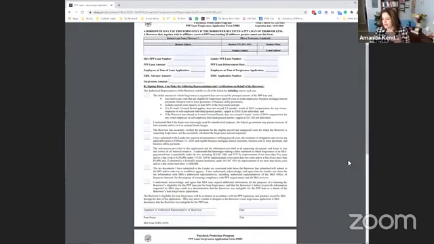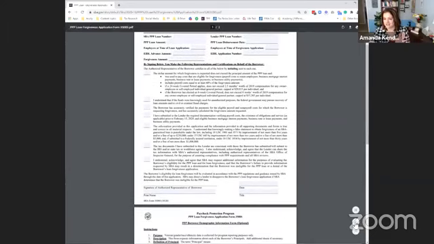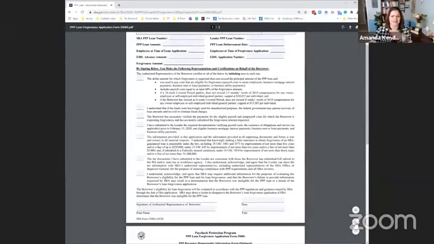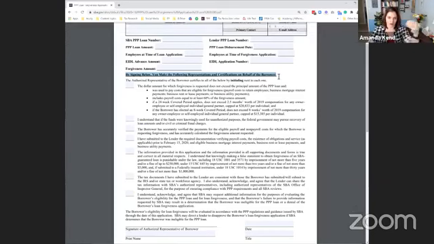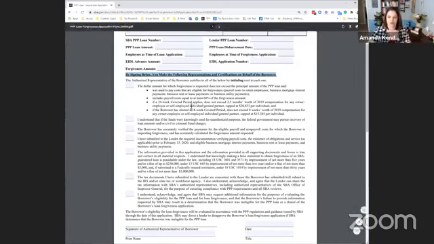Now, let me make this bigger because I want to make sure you guys can see this. I geek out on this stuff, but I'm so excited that this application is out because this is going to simplify so many things for so many people. So right here, by signing below, you make the following representations and certifications on behalf of the borrower. Who's the borrower? You or your business are the borrower. So you're literally going to go down and read these.